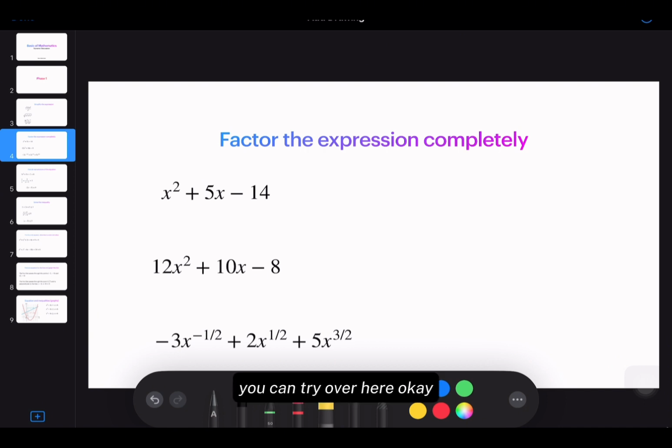Okay, can you try over here? Maybe for this point, minus 3 over 2. Okay. Mm-hmm. Yeah, almost. You can finish this off.